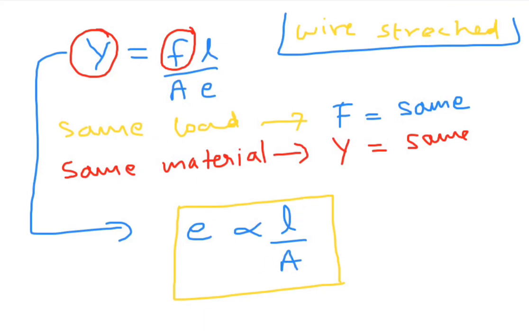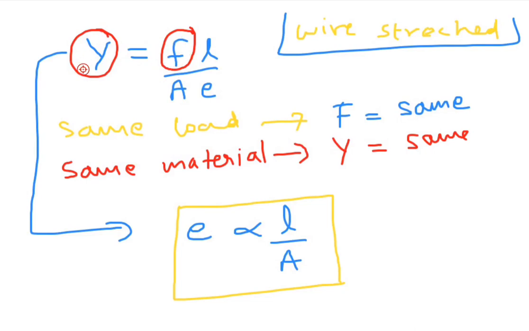E is proportional to L by A. L is the length of the wire, A is the cross-sectional area. So we can write this formula Y equal to FL by AE as E is proportional to L by A. When F is constant, the same load is applied.